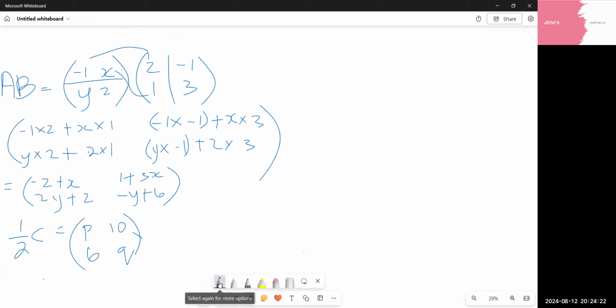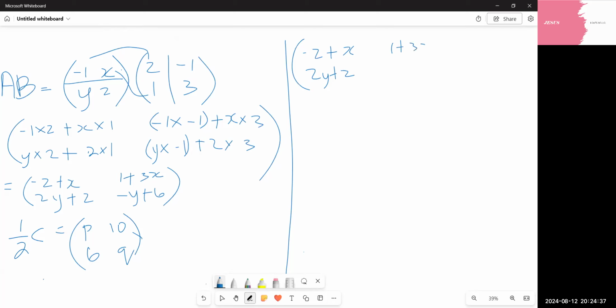So now we are going to have negative 2 plus x, 2y plus 2, 1 plus 3x, negative y plus 6, equal to p, 10, 6, q.